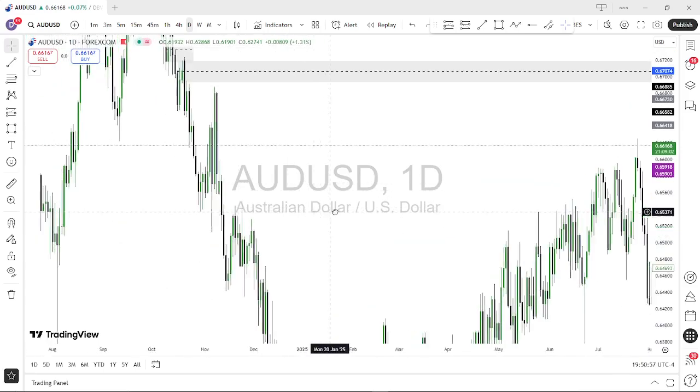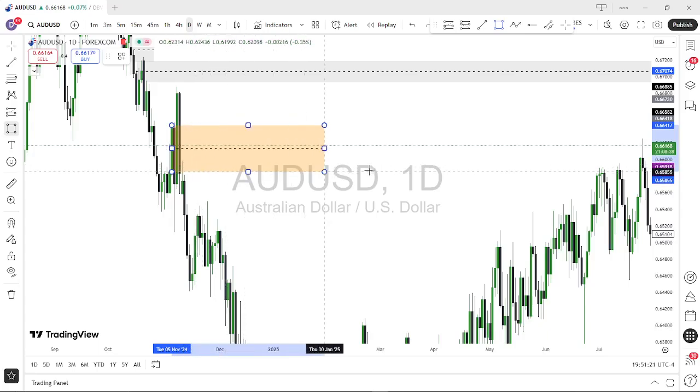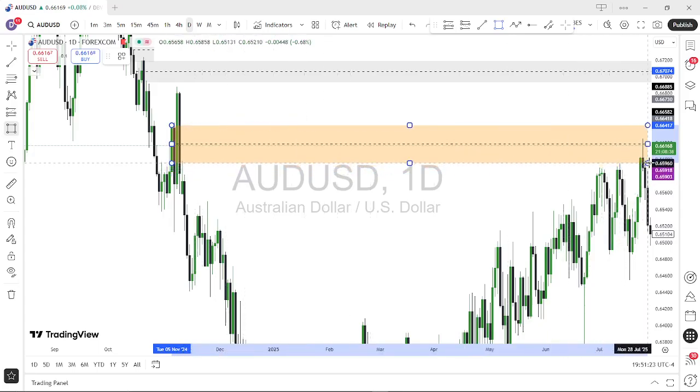You'll be thinking, why the rejection? Why? And then you come back and you notice that before the trade went back up, there's actually a trade here. A sell happened, liquidity formed. What is this? OB, order block.